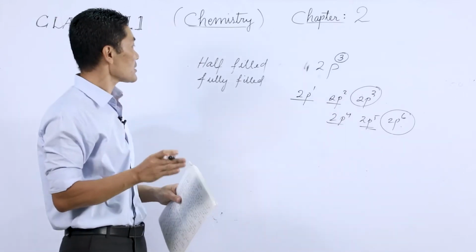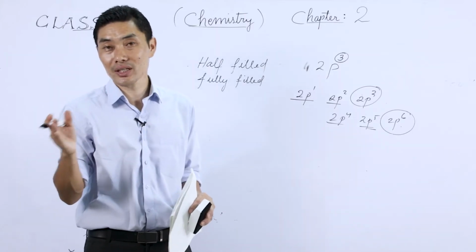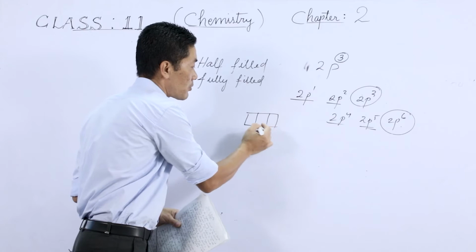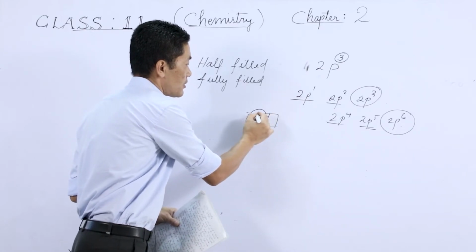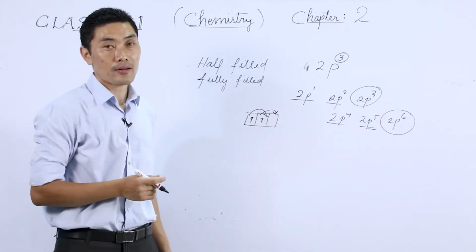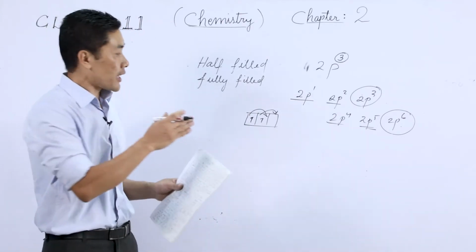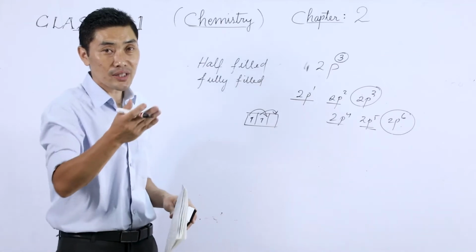The other reason is that in half filled and fully filled orbitals, there is more exchange energy. Electron exchange between orbitals can take place like this. The electrons can be exchanged between orbitals when they are half filled like this. And this exchange of electrons leads to release of energy.